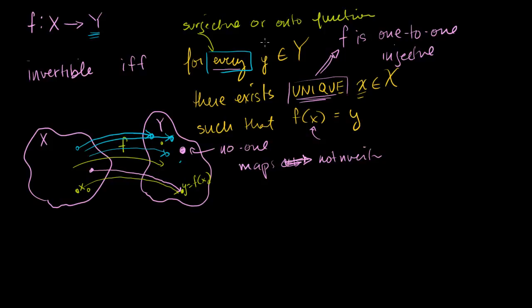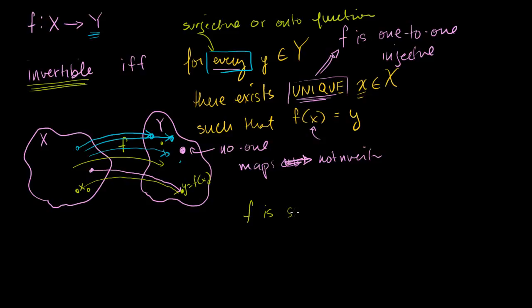The whole reason I'm doing this video is that I want to restate this condition for invertibility using the vocabulary I introduced in the last video. Given the statement that for every y that's a member of our codomain, there exists an x that maps to it, we could just say that f is surjective.